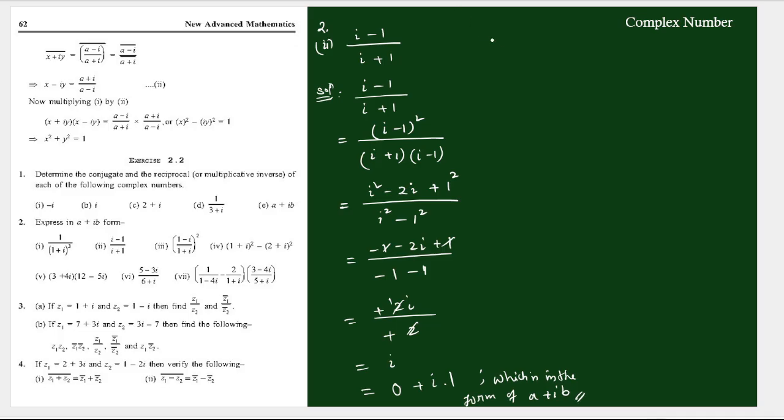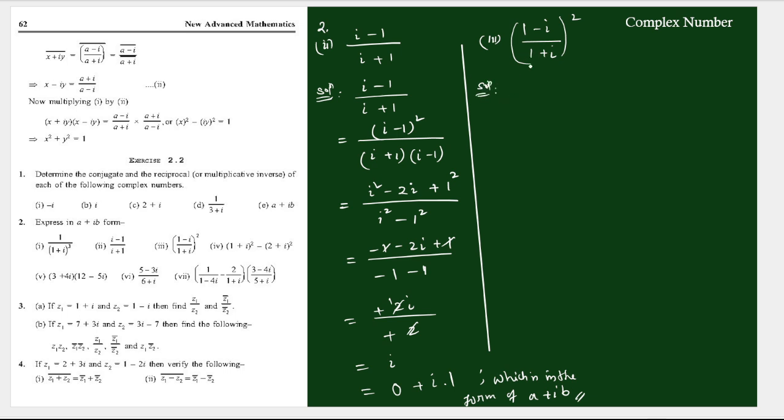Let's do number 3. So what is in number 3? (1 minus i) by (1 plus i), they are whole square. Okay, break this, simplify this.